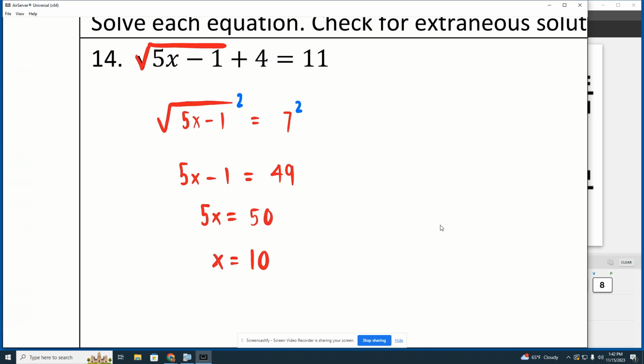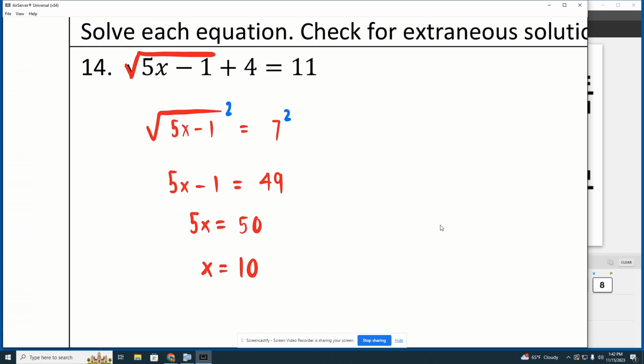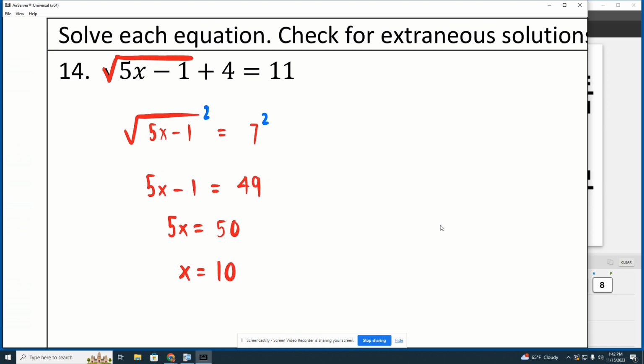So x equals 10. Now, unfortunately, because of the nature of these problems, we're then going to go back and quickly type into our calculator the square root of 5 times x, which is 10 now, minus 1, and then plus 4 on the outside. And we're going to check to see if that equals 11.